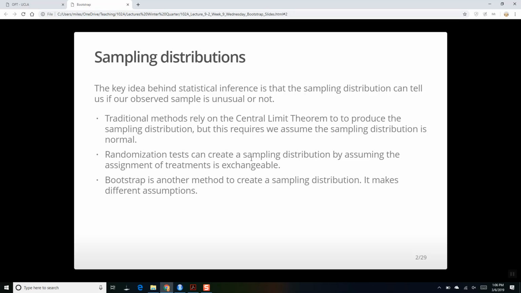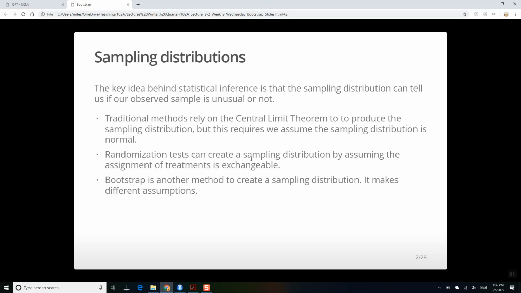In your intro class, you're assuming the sampling distribution is normal because of the central limit theorem. In randomization tests, you're assuming that exchangeability is valid: because the treatments were assigned randomly, any other arrangement of treatments is equally valid. And in Bootstrap, we're going to be making different assumptions.